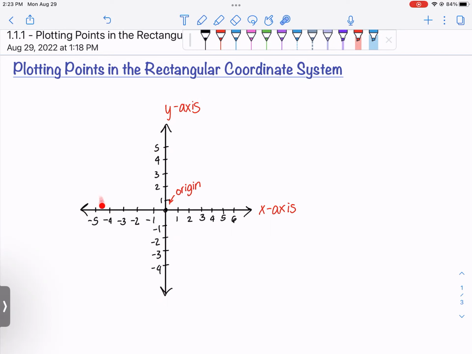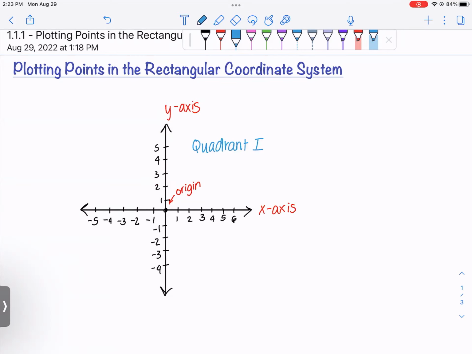These 4 different quadrants have names. They're numbered. So up here, this is our first quadrant. We start right here when we're counting the quadrants, and then we go in a counterclockwise pattern. So we're going to number them: quadrant 1, quadrant 2, quadrant 3, quadrant 4. We use Roman numerals when we're talking about the quadrants of the rectangular coordinate system.